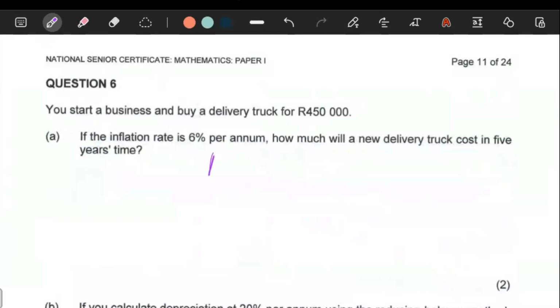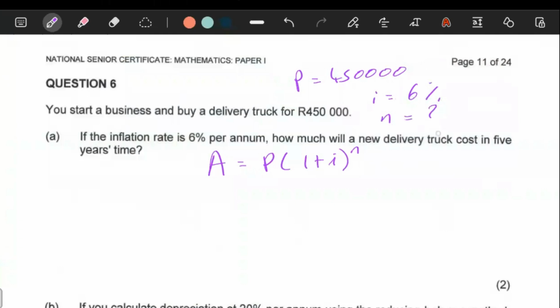So this is a compound interest question, because P is the initial amount, I is the interest, and then time is, what are they asking here? How much will a new delivery truck cost in 5 years' time? So time is 5. I mean, N is 5.